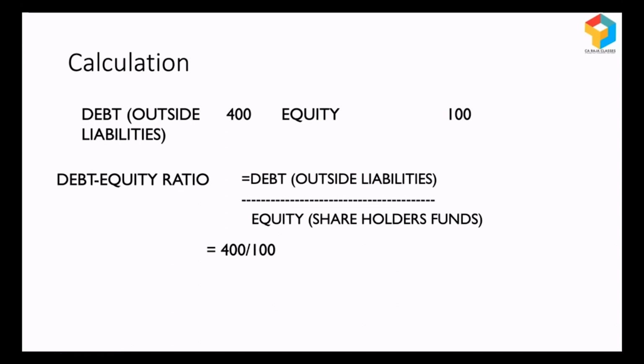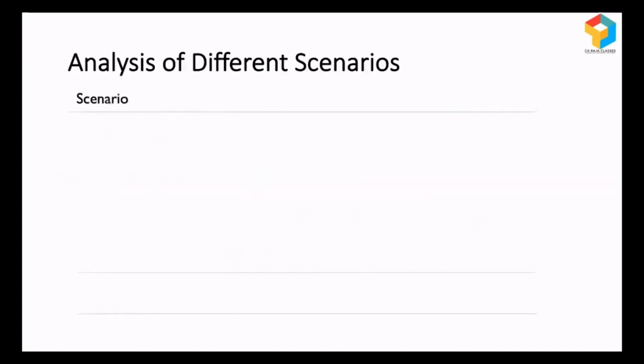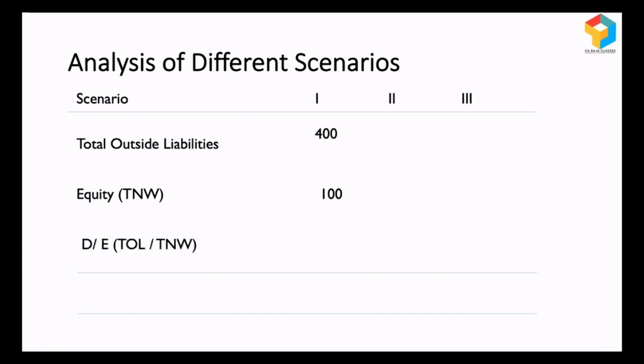I'll take you through 3 scenarios once again here so that we can understand it better. Scenario 1, we have already calculated outside liabilities is 400 and owner's contribution equity is 100, and debt equity is 400 by 100, and we get it as 4, and I'm expressing it as 4:1. It means for every 1 rupee contributed by the owner, this business has borrowed 4 rupees.